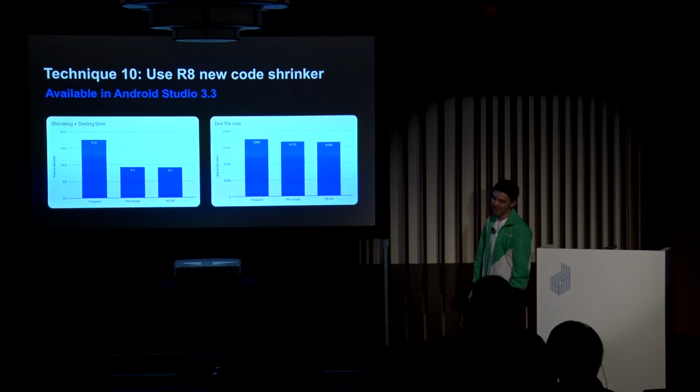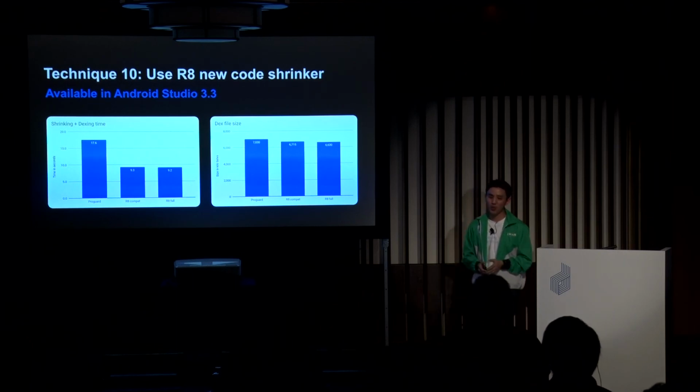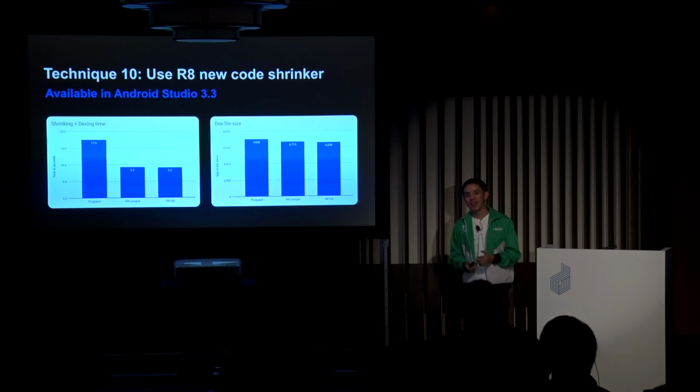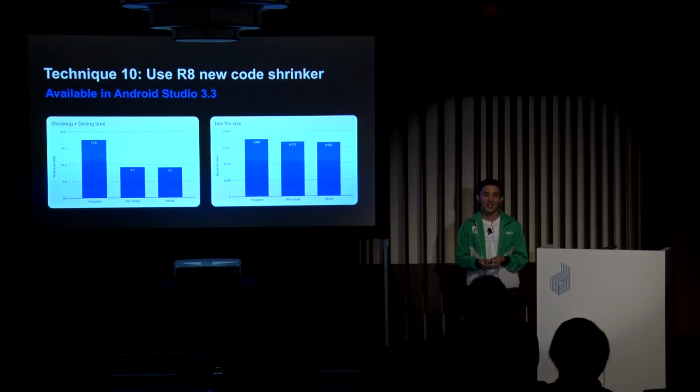And technique 10 is to use R8. R8 is a new generation code shrinker. It's available in the upcoming Android Studio version 3.3. Now 3.3 is in the Canary channel. You can download this version and try the R8 code shrinker.